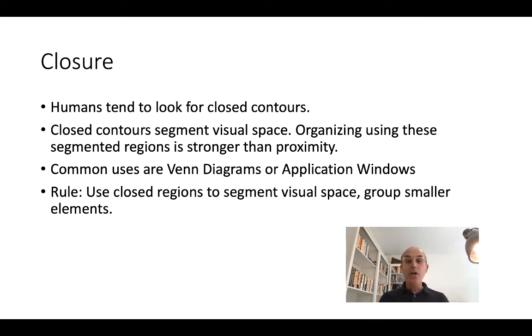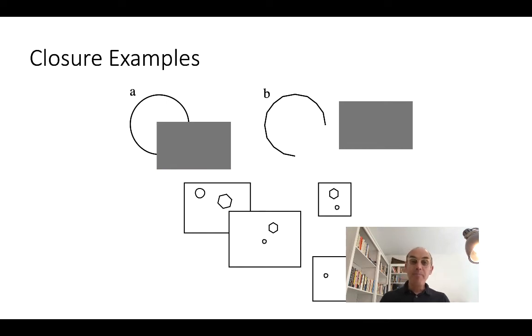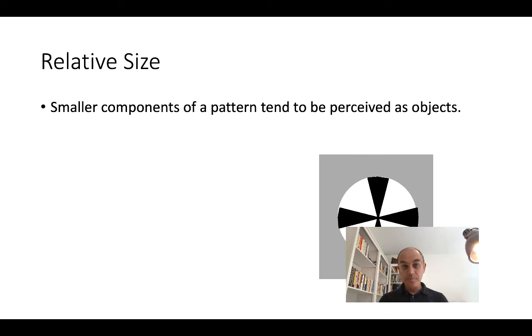So we usually have segmentation in the visual space, where organizing the segments of regions is stronger than proximity, and in this case we use this segmented visual space to group similar elements. Example A and B, or C at the bottom.